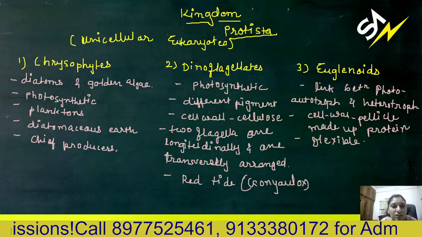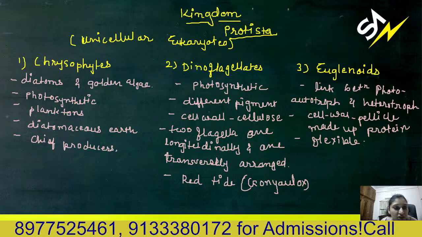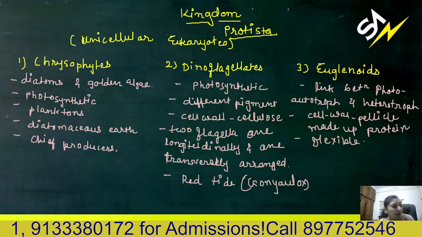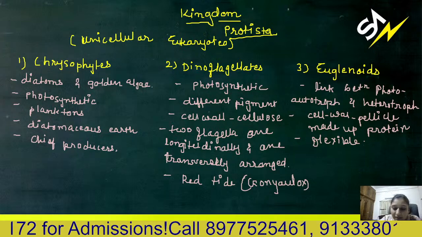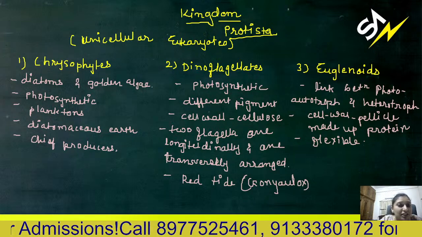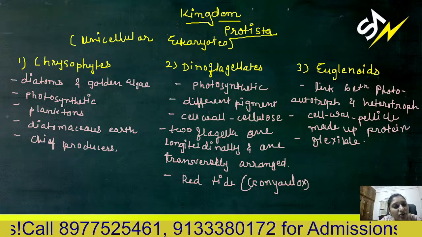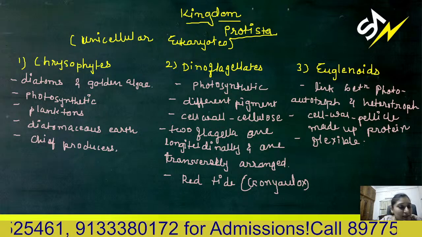Okay, so the first member of the kingdom Protista is chrysophytes. Chrysophytes include diatoms and golden algae. Remember, these are nutritionally diversified organisms. Different groups show different types of nutritional metabolic diversity.